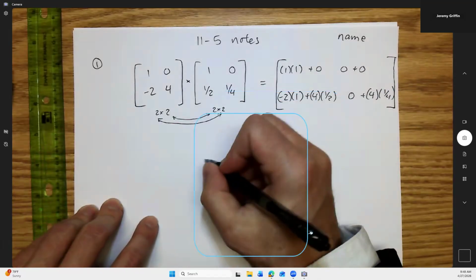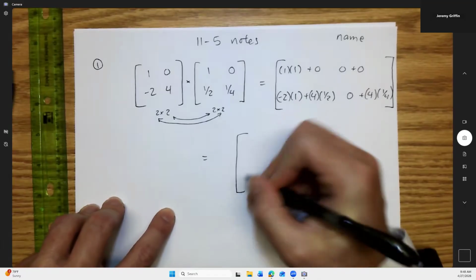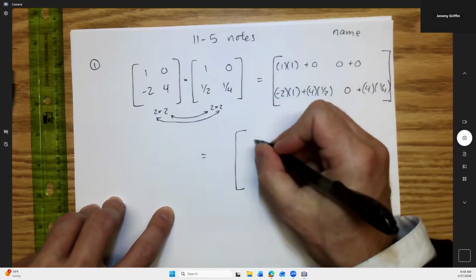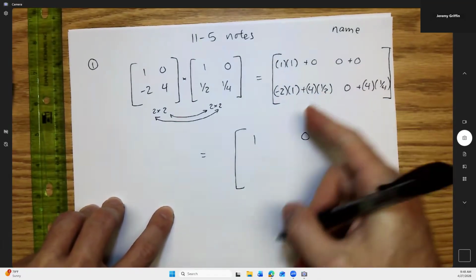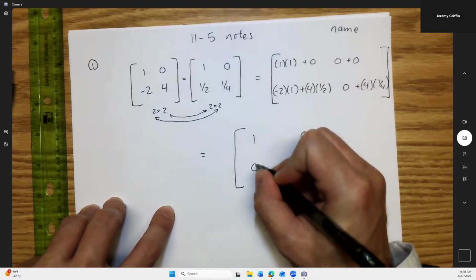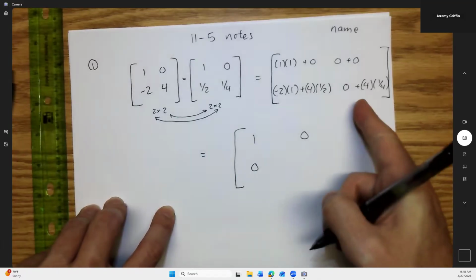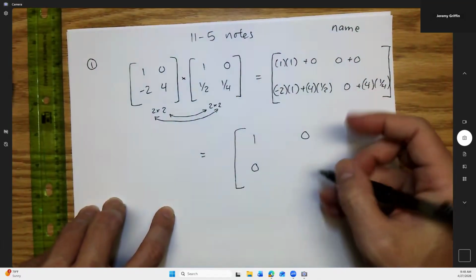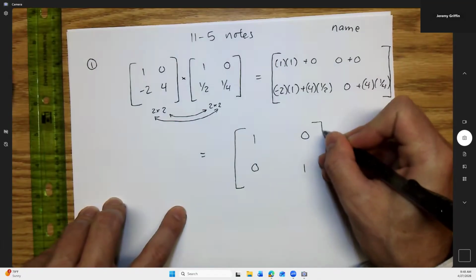Okay. And let's see what this simplifies to. Well, 1 times 1 is 1, plus 0 is 1. 0 and 0 is 0. This is -2, this is +2, so doesn't that also all zero out? Okay, and then, ooh, guys, what's a quarter of 4? 1. Okay.